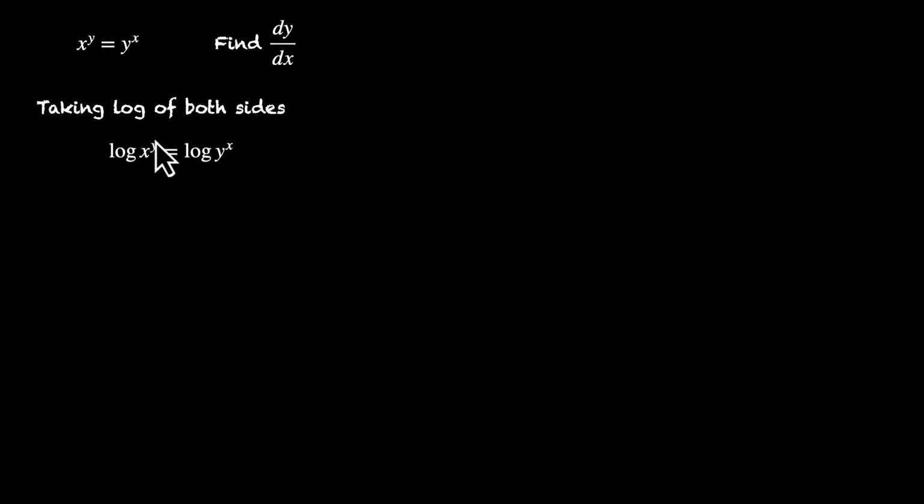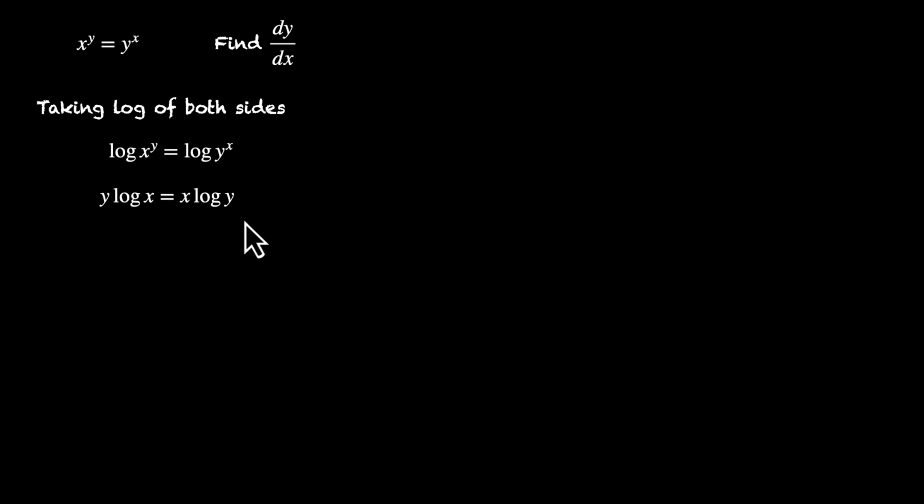So this y comes down and this x comes down. The property of log says log of x to the power a is equal to a times log of x. So this becomes y log x equals x log y. Now we don't have anything in the powers. The exponents are taken care of.